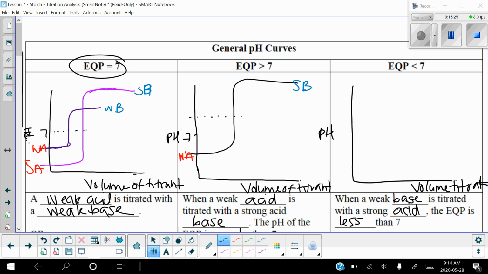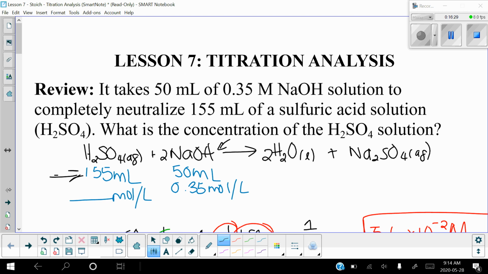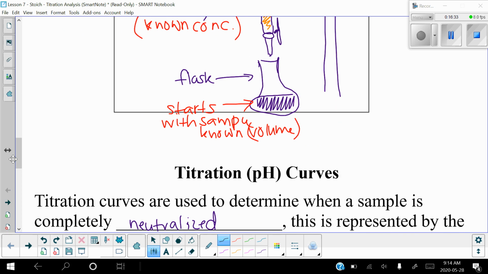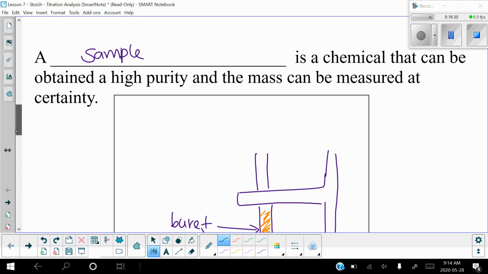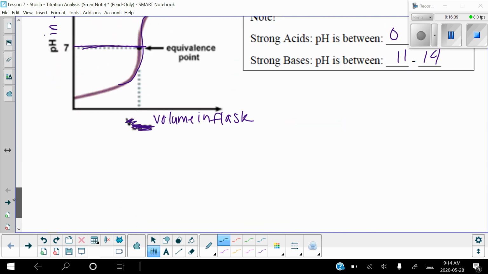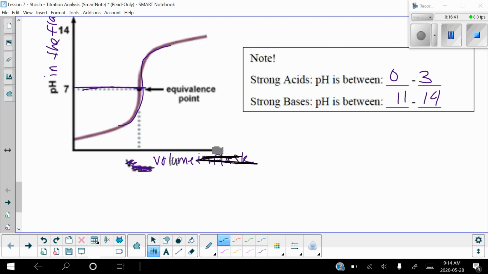Sorry, I believe I said volume and flask in the black slide. It should be volume of titrant. I'm just going to correct that. Yes, you do start with that right here. Volume of titrant.